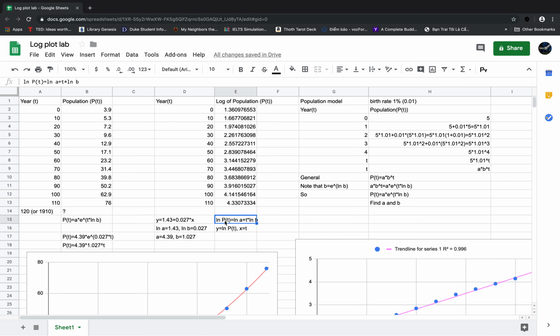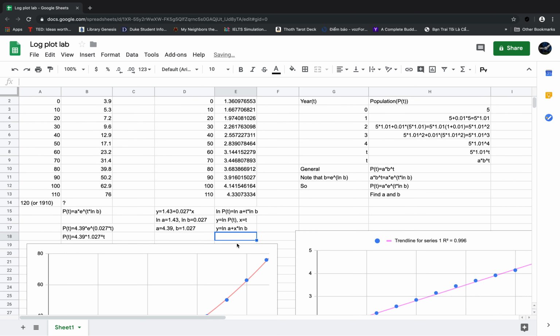Then if we take log, it will be log of P(t) equals log of a plus t log of b, and it represents y as log of P(t) and x as t. Then we will have a line. It's y equal to ln a plus x times ln b.